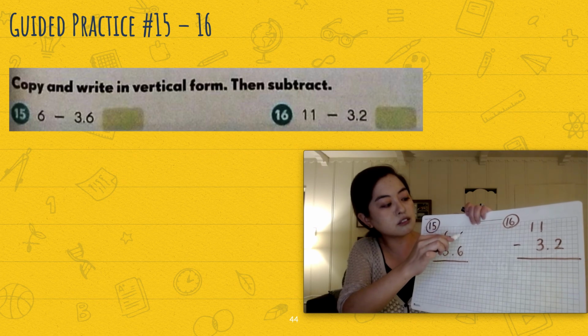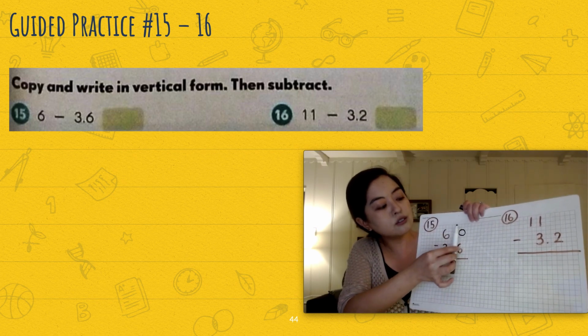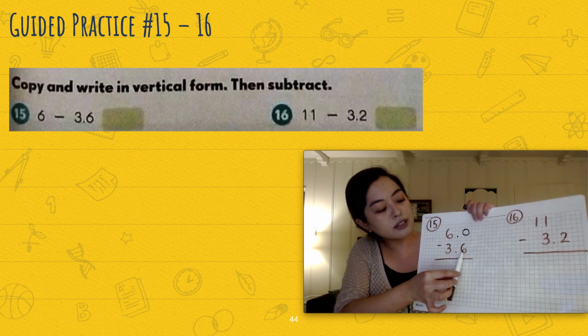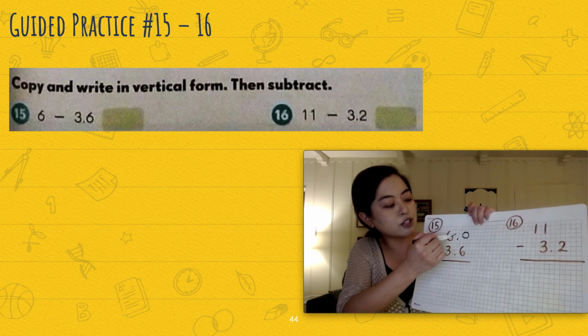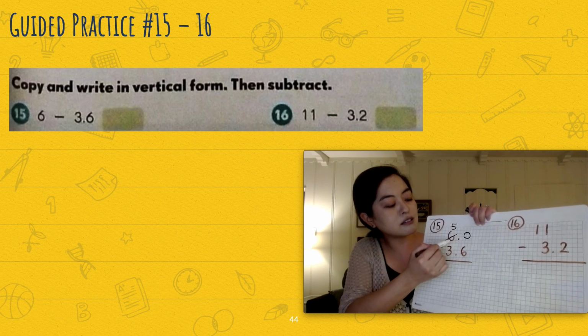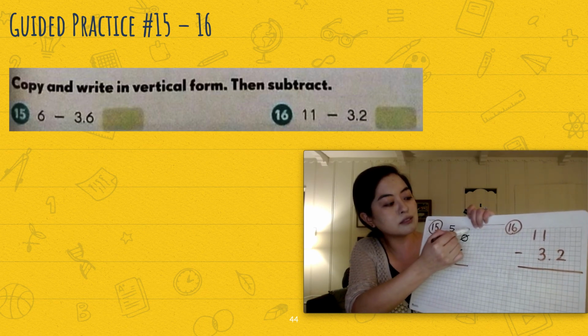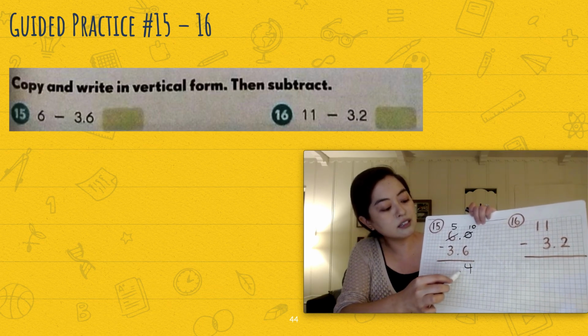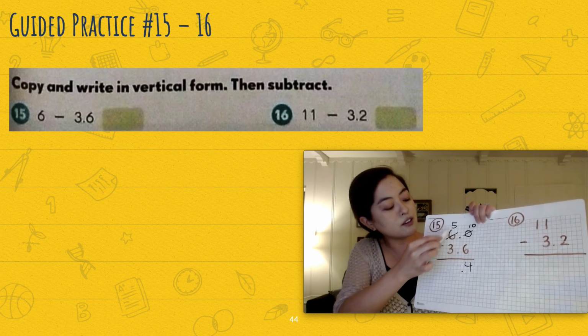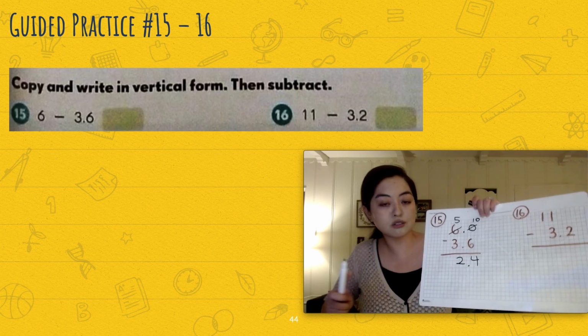So it's going to be 6.0. Okay. So now, can I take away 6 tenths from 0 tenths? No, there's not enough. So I have to regroup. So I'm going to change the 6 into a 5, and then that becomes 10 tenths. So 10 tenths minus 6 tenths is 4 tenths. Drop the decimal point. 5 ones minus 3 ones is 2 ones.